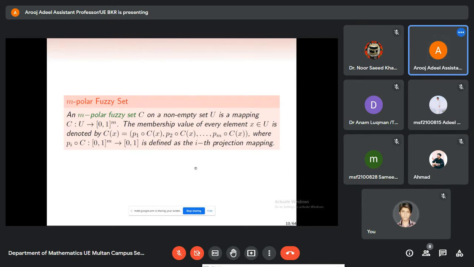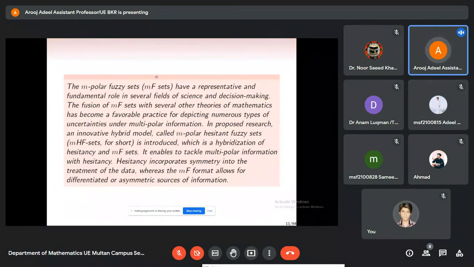The M-polar hesitant fuzzy sets have a representative and fundamental role in several fields of science and decision making. The fusion of M-polar fuzzy sets with several other theories of mathematics has become a favorable practice for depicting numerous types of uncertainties under multipolar information.